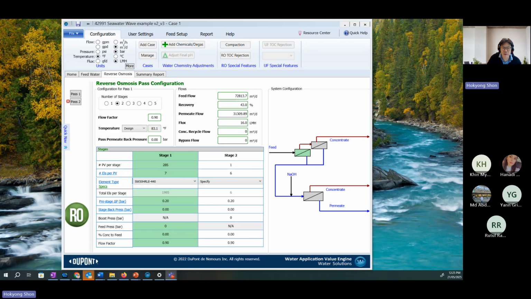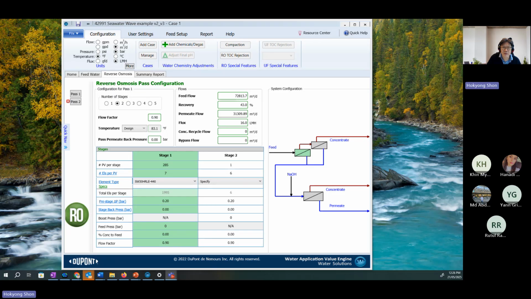When you have ultrafiltration as pre-treatment, you can mention ultrafiltration. When you have dual media filtration as pre-treatment, you can utilize dual media filtration. So you can just create the diagram.